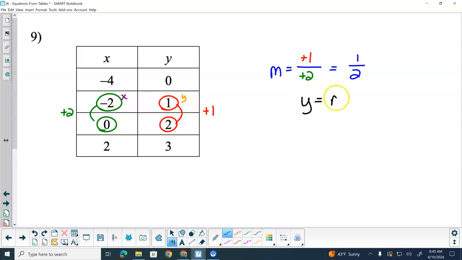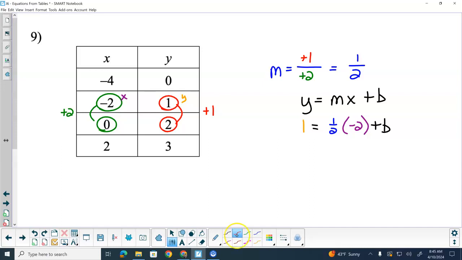Y equals mx plus b has me at 1 equals 1/2 times -2 plus b. 1/2 times -2.